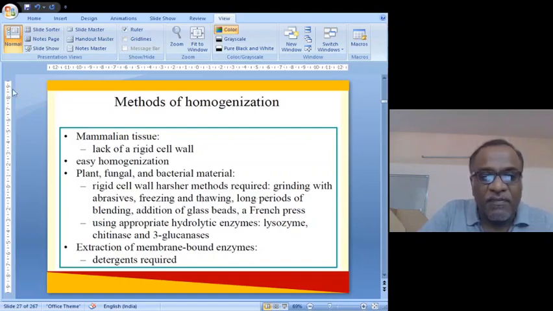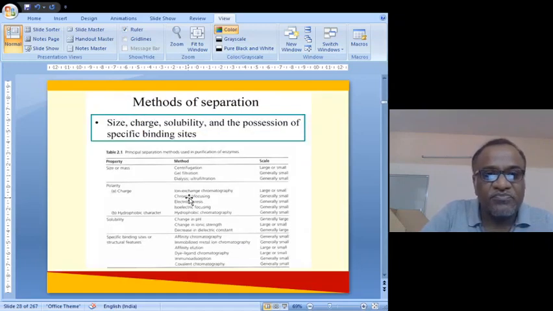So grinding with abrasives, you can go for freeze and thaw, then longer periods of blending, addition of glass beads, etc. And for extraction of membrane bound enzymes, you can go for some of the detergents, so that the membrane bound enzymes are easily isolated. So these are some of the methods of homogenization specific for the source which lacks a rigid cell wall as well as which has a rigid cell wall.